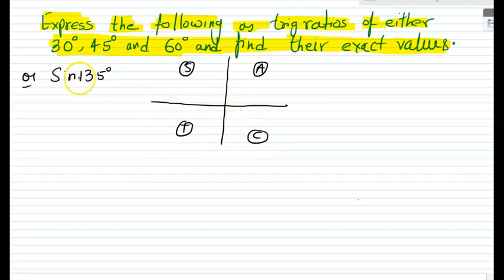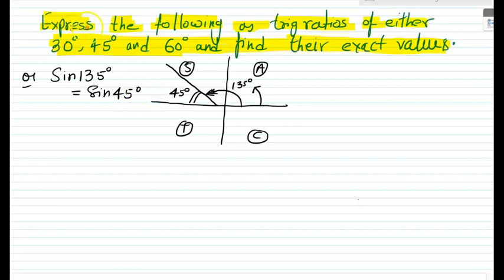Sine 135 degrees is positive, so we are moving in this direction, anti-clockwise. So 135, if you are moving, will be here. If you join them, this is 135 degrees. The acute angle made with the x-axis is how much? 45 degrees. So sine 135 degrees, you can write as sine 45 degrees.